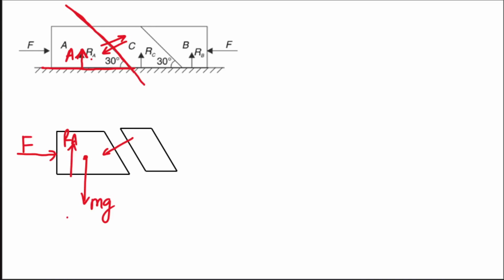ठीक है, अब देखो ये जो contact force है ये कितना एंगल बना रहा होगा? So this angle must be equal to 30 degree, because आप ध्यान से देखो 30 degree is angle between this line and horizontal, and here I mean this won't be 30 degree, this will be 60 degree, and this is angle between horizontal and the perpendicular to this line.